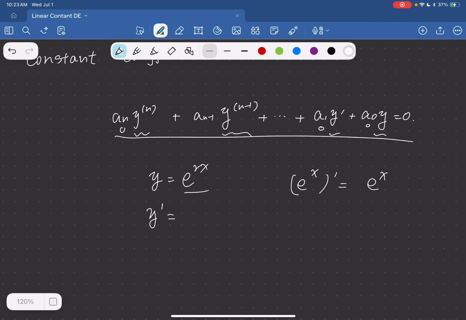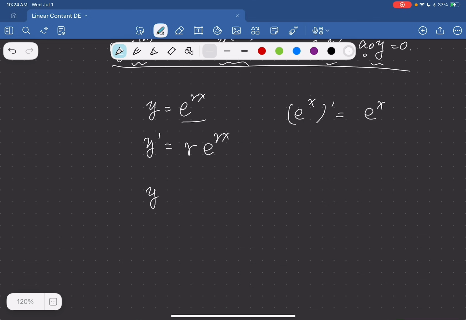For example, y prime is r times e to the power of r times x, and the second derivative is r squared times e to the power of r times x.